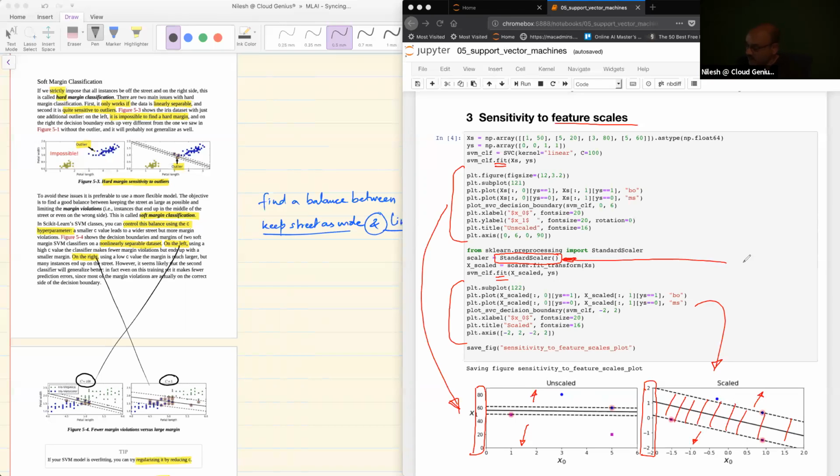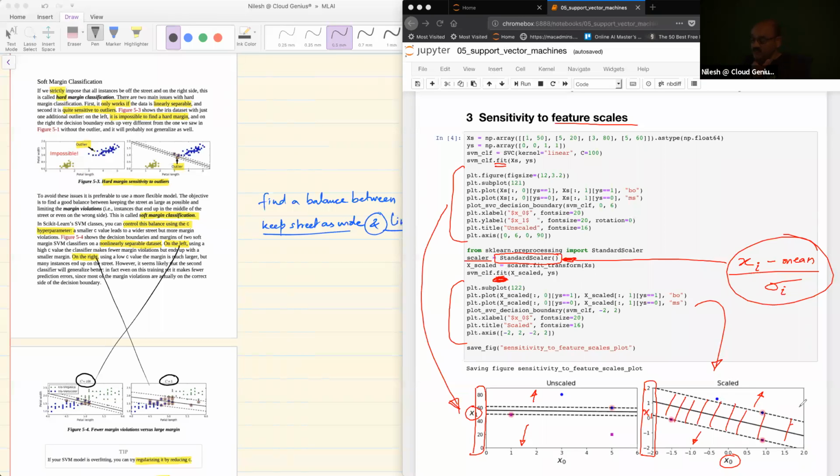What it does, as you already know, is x variable minus mean divided by standard deviation of the ith x0, x1, like that. So it will calculate that and standardize the values and then do a fit transform, which will produce a slightly wider path or street. That's what we really want in a support vector machine.